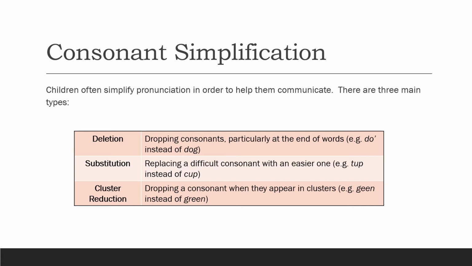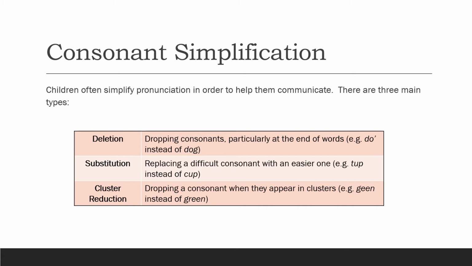And then finally the cluster reduction. Okay, so we talked about consonant clusters when we did phonetics, and so that's just the clusters of consonant sounds. Remember, we're always talking about sound when we're in phonology, we're talking about phonemes. Okay, so when we look at consonant clusters, we have two or more consonant phonemes together.